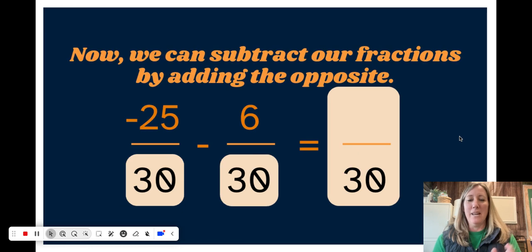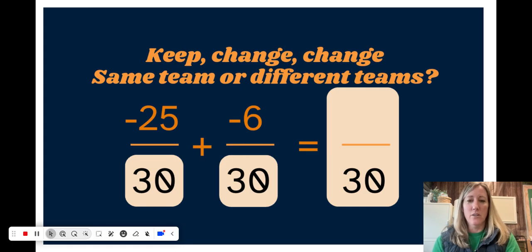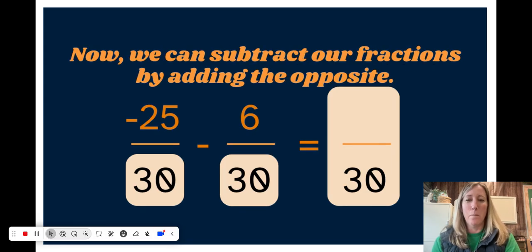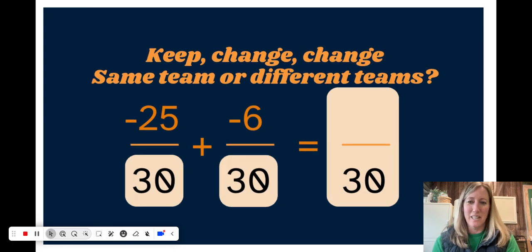So we're going to put it back into the original form here, okay? We have our nice common denominators. We have to say, all right, when we subtract fractions, right, we're dealing with integers, it's the same as adding the opposite. So we can go from -25 minus 6 to -25 plus -6.